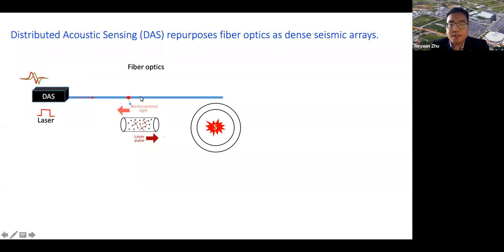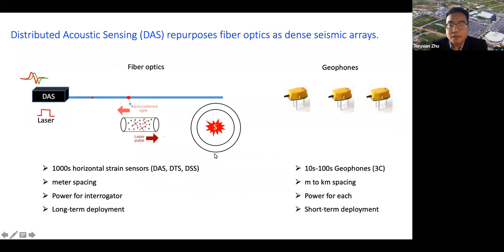If we repeat this calculation for each impurity point along the fiber, we can convert the whole continuous fiber into discrete seismic sensors.